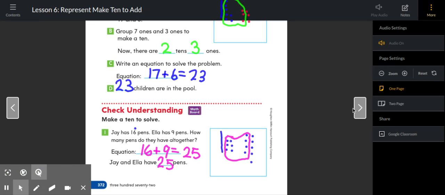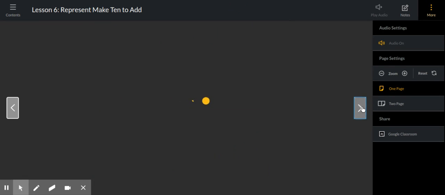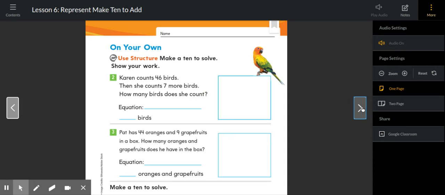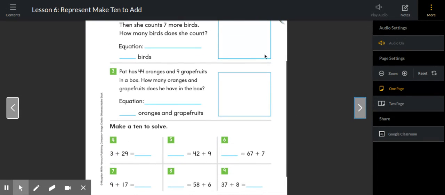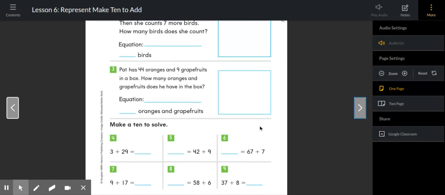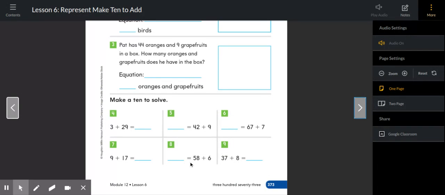All right, give the rest of these pages a try on your own. I know that you can do them. Check them with your parents. Be sure that you do quick pictures in the box. Down here at the bottom, there are several that you don't have room to do the quick picture, so you can do the quick picture on your marker board or on a separate piece of paper.